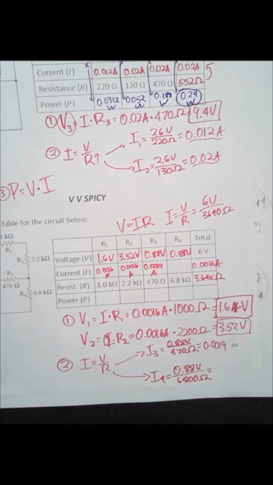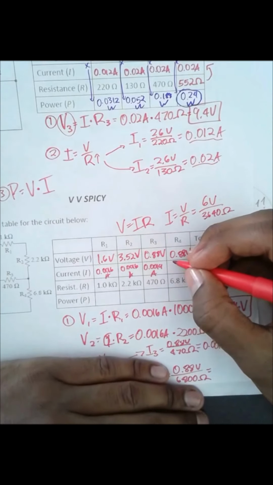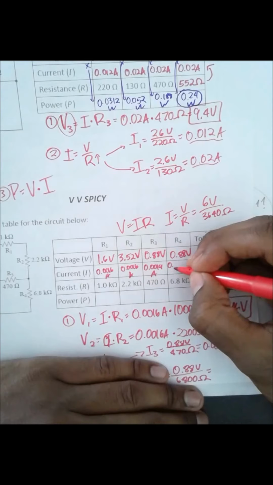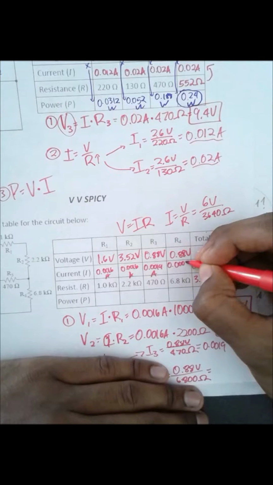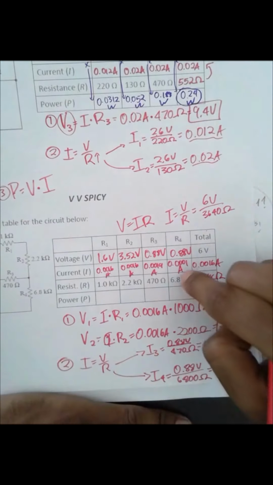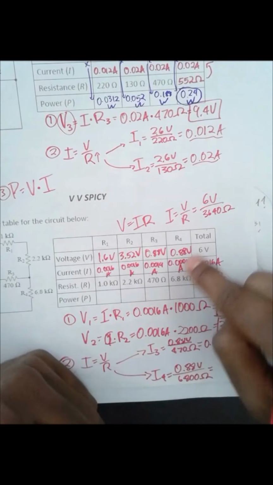0.88 divided by 6,800. Whoa, that's a weird number. 0.0001. It's so super small. Why is it super small? Because the resistance is huge. Of course, there's not going to be a lot of current going through that resistor.